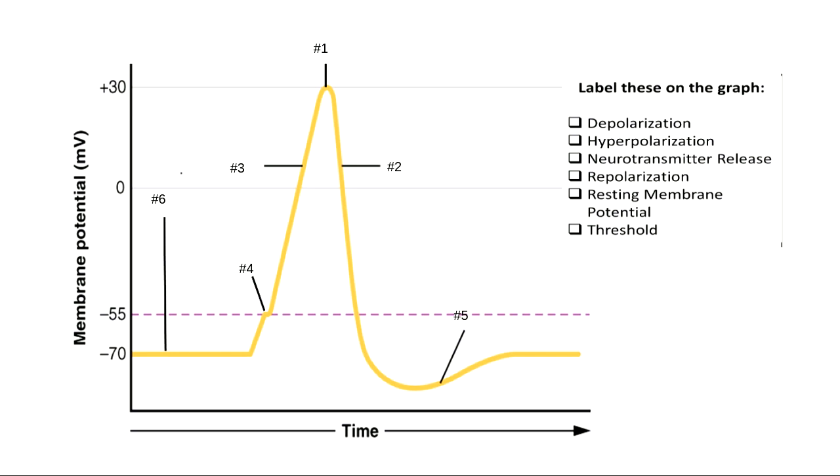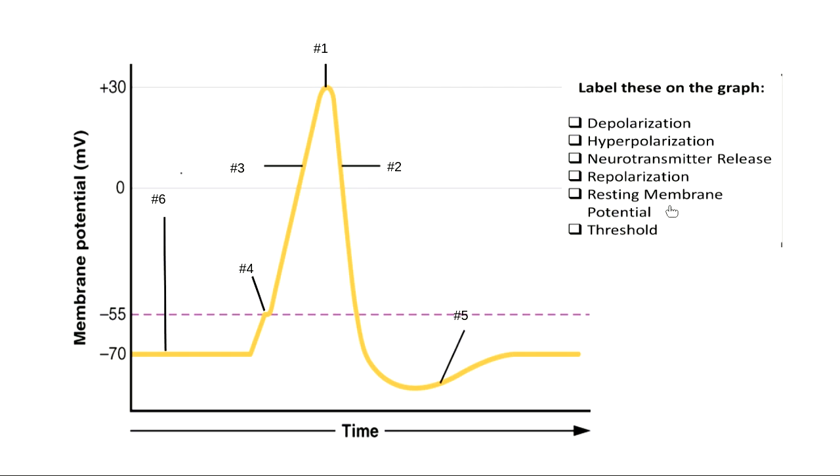All right, let's start with resting membrane potential. That's my normal membrane charge on my neuron. Which number on my graph shows resting membrane potential? 1 through 6. Yep, there we go.